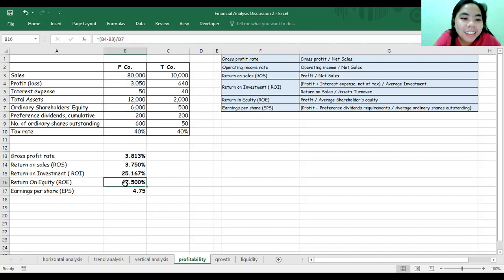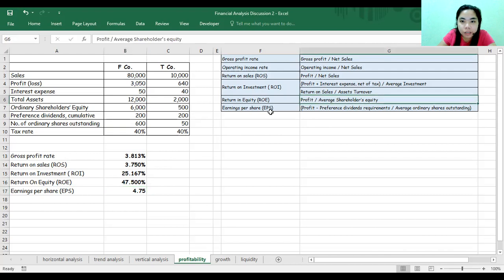Okay, so I complicated things. That is what I told you, class, there are many interpretations when it comes to profit. Here, what is used is profit less the dividends. Here, return on equity is profit less the dividends divided by the ordinary shareholders' equity. That's ROE, an area of profit divided by average shareholders' equity.